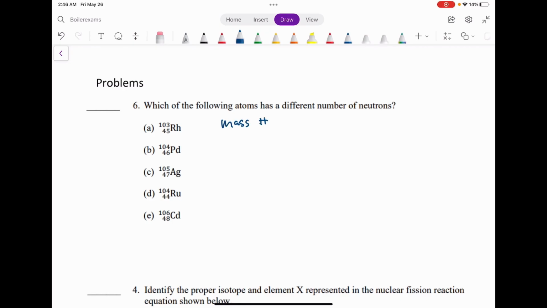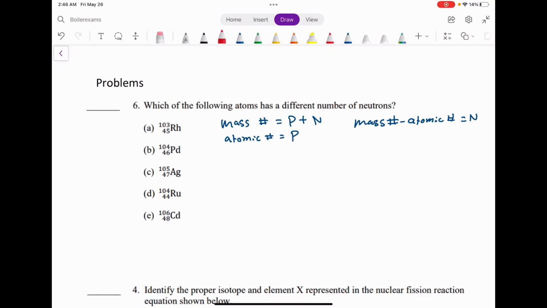So mass number, which is the top, equals protons plus neutrons, and atomic number, which is the bottom, equals just protons. So if we take mass number and minus the atomic number, we get neutrons. You just got to take the top number and minus the bottom number.